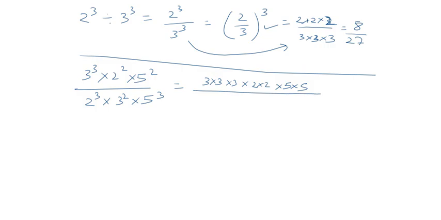After that, whatever gets cancelled, cancel it. The remaining you can easily calculate. Total will be 3 by 15. Wrong, 3 by 10.